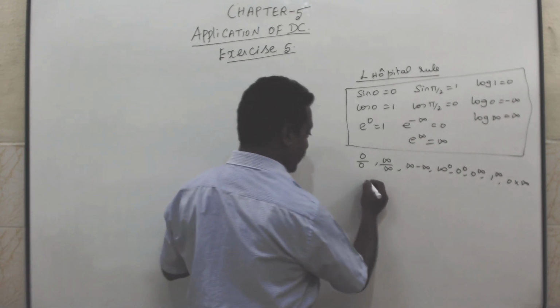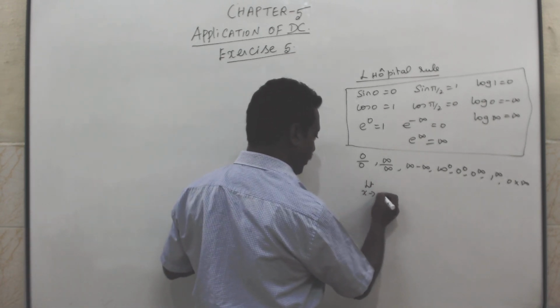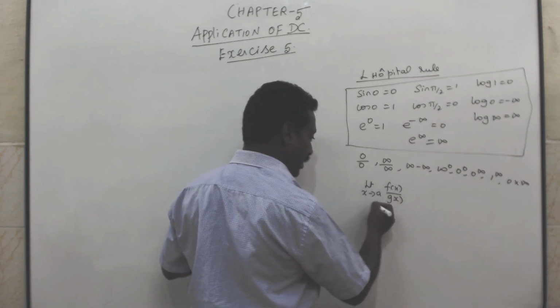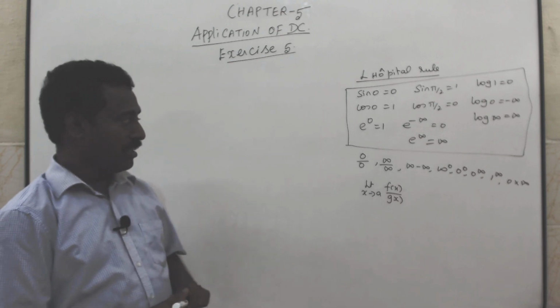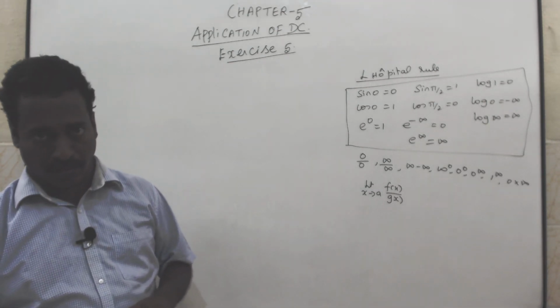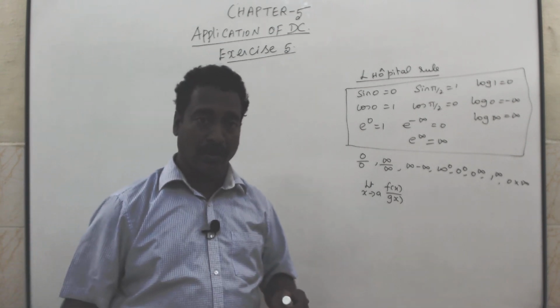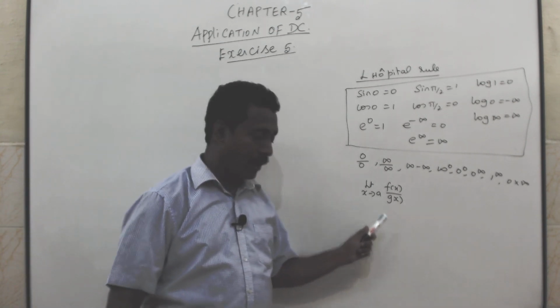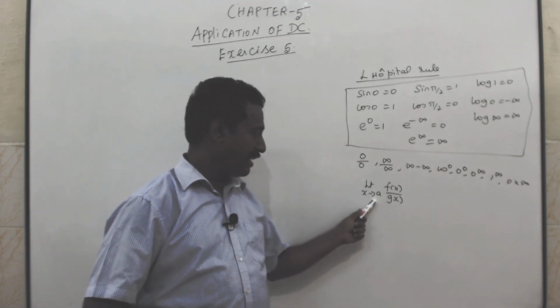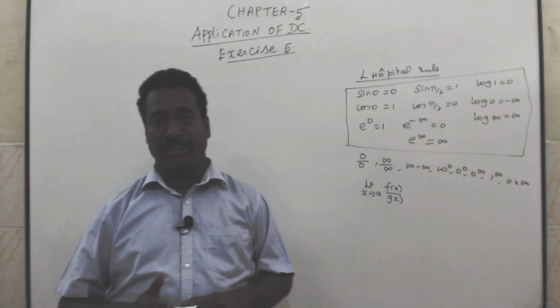Then limit x tends to a, f of x by g of x. When we substitute x is equal to a, if the result is in indeterminate form, apply L'Hopital rule. Before applying L'Hopital rule, you have to verify the problem is in general form. What is the general form? Limit x tends to a, f of x by g of x.